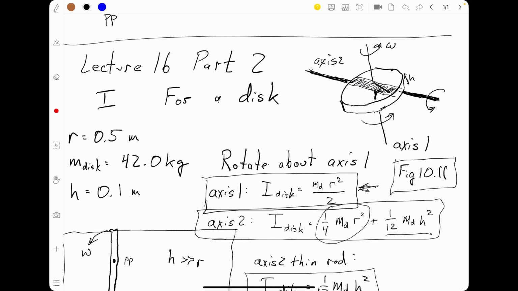Let me get rid of these things. In the other way, a lot of our mass is further away, right? Most of our mass is in the crust of the pizza out here, and all that is really far away. So you should expect that our moment of inertia in this situation around axis 1 is going to be larger.